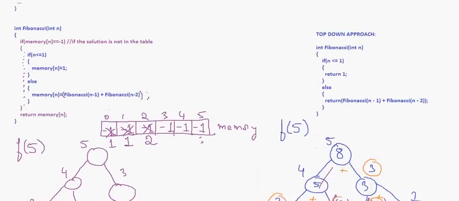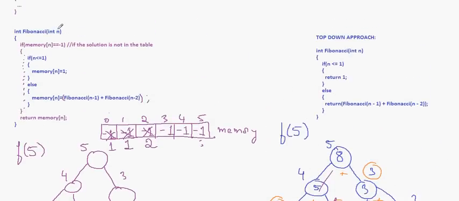If we see a call now, Fibonacci of 3 in the table is minus 1, so we go inside and we see n is less than or equal to 1, 3 is not equal to 1, so we go to the other part. Memory of 3 is equal to Fibonacci of 2 plus Fibonacci of 1.